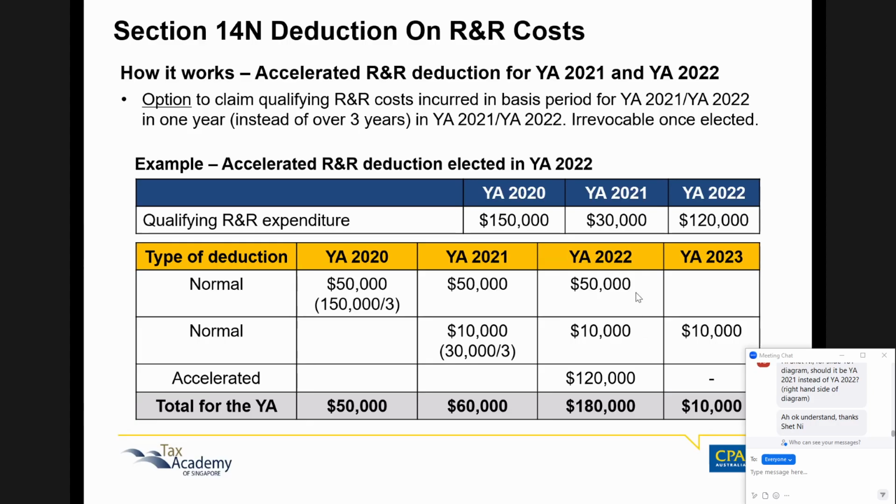But for earlier years, they are not accelerated, so some amount will still be brought forward from earlier YA expenditure, like this 50,000 or 10,000. You still have to know so that you can arrive at the 180,000 figure for YA 2022. Okay, I hope this is clear.